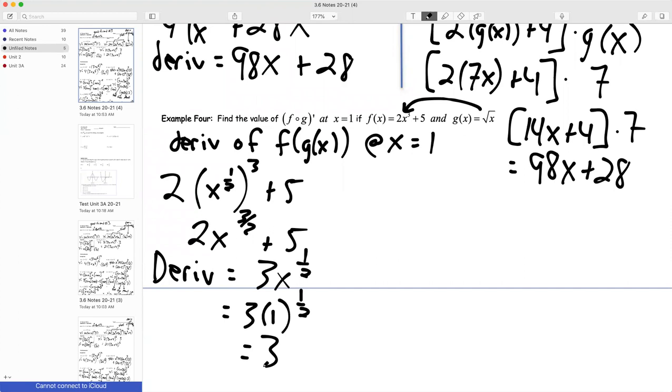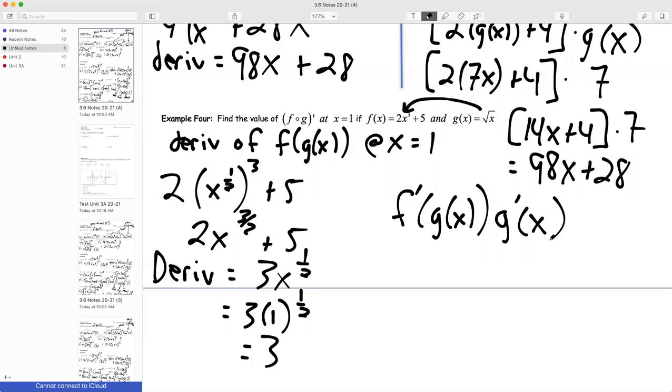Or I could do it this way. I've got the function notation, f prime, g of x, g prime of x. So I need to find f prime. F prime is going to be the derivative of 2x to the third plus 5, which is 6x squared.